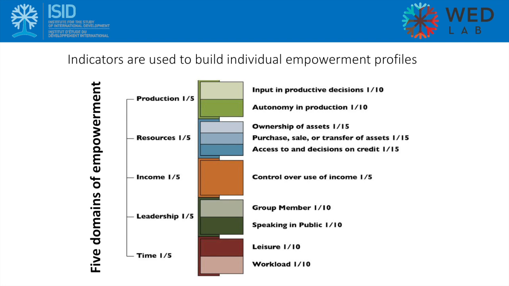The WEA index likewise gives you a number between 0 and 1. 0 says the women are not empowered at all, and 1 says all the women are empowered. On average we get a number like this, but we can also know the contribution of each individual woman to that index. This is what we're going to try to do.